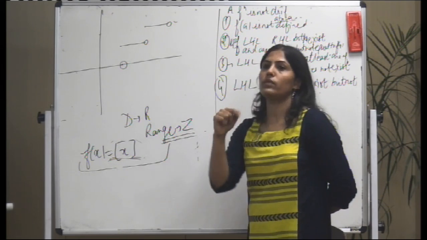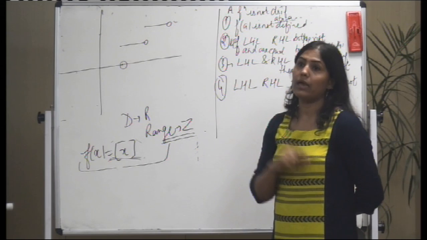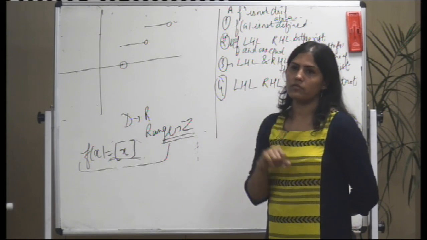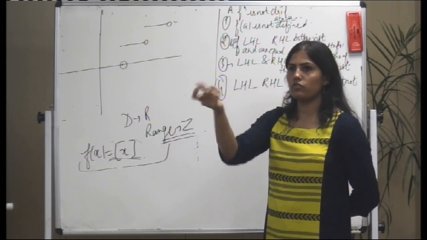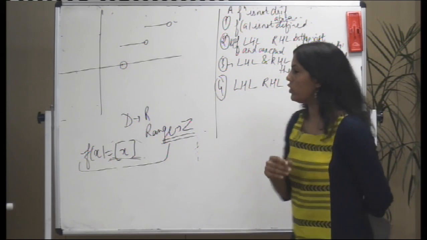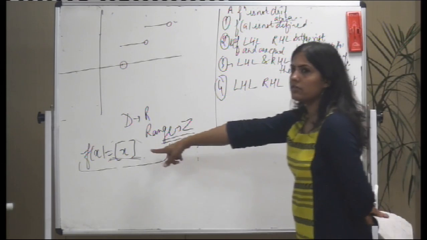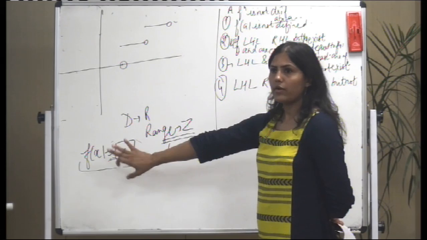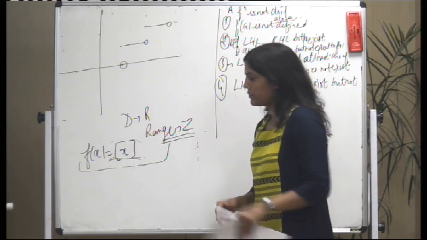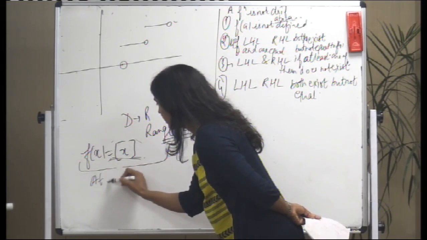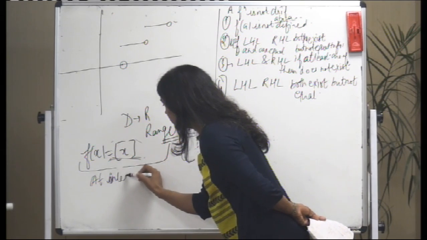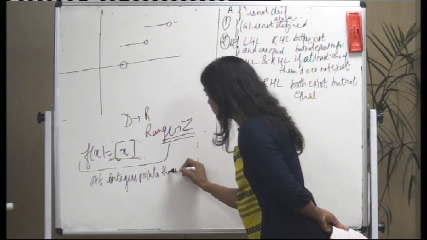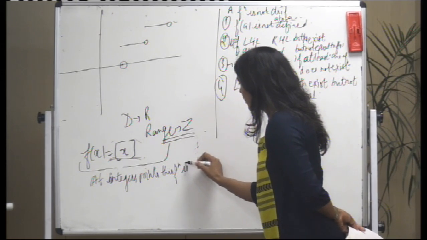But with the help of continuity I will answer this question. On those points the function will surely not be differentiable. So answer me, the discontinuous points: integers. At all integer points this function is not continuous.